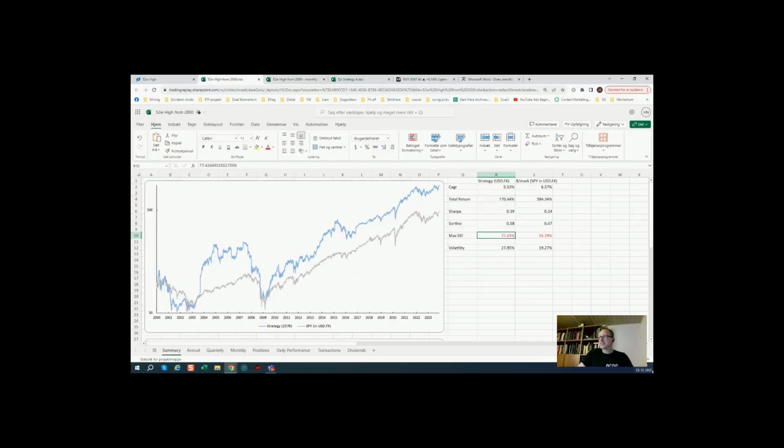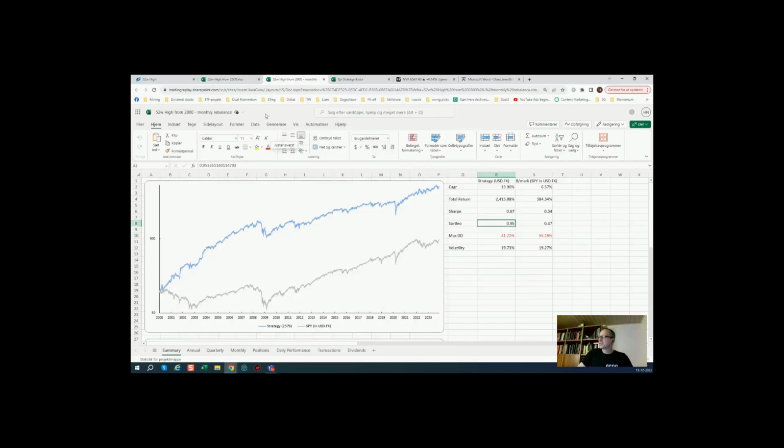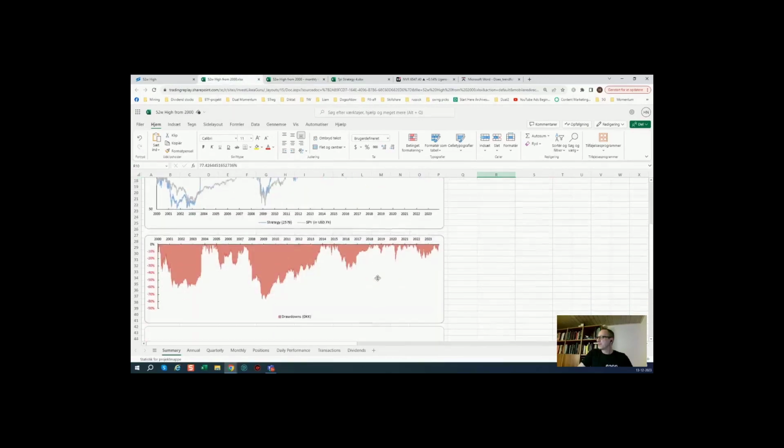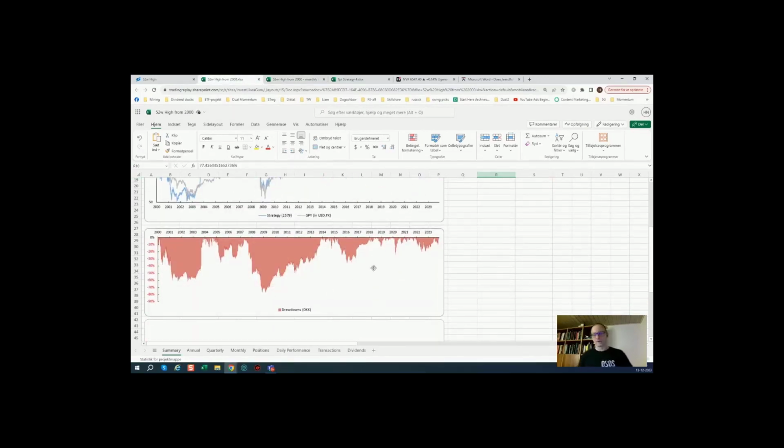All right, so what else can we compare here? We had a 77% max drawdown, and comparing to this new 52-week high strategy, that is almost cut in half. And now we are significantly lower than the one here from the S&P 500. We can compare, I didn't show that in the first one, we have a drawdown chart down here.